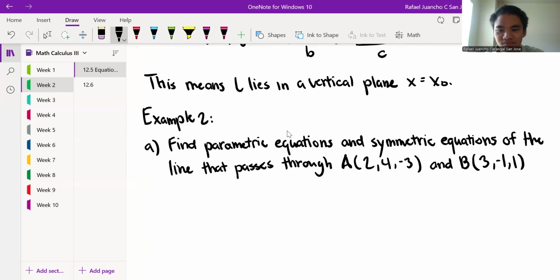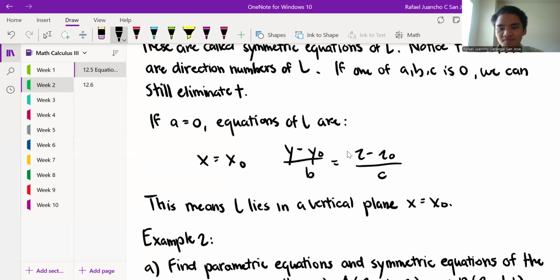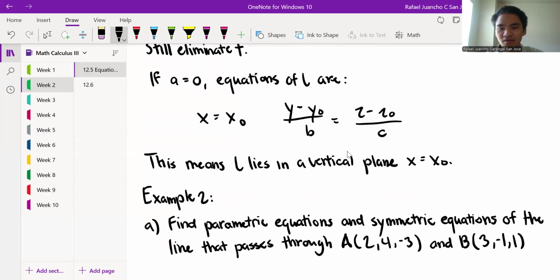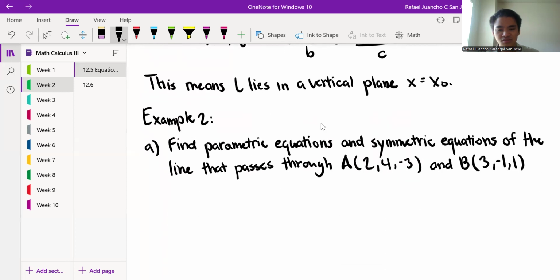So we're given 2 points, A and B. We don't know what's the initial point. Let's see. We are not explicitly given a vector parallel to the line, but we observe that the vector v with representation AB is parallel to the line.